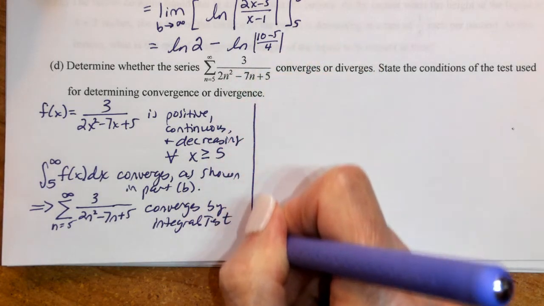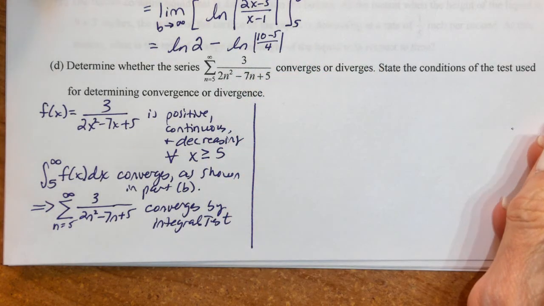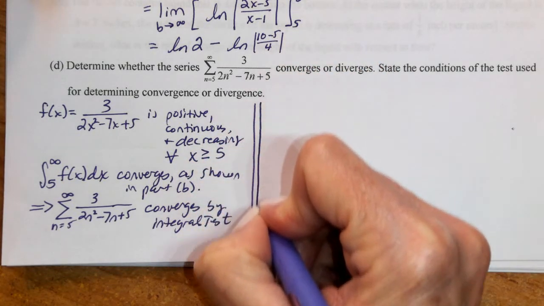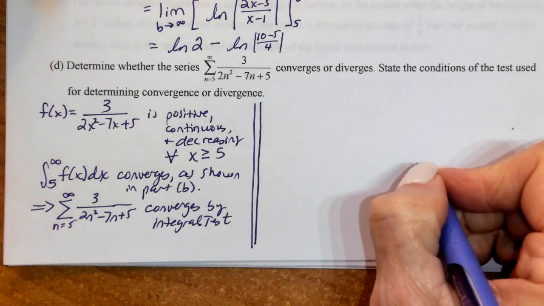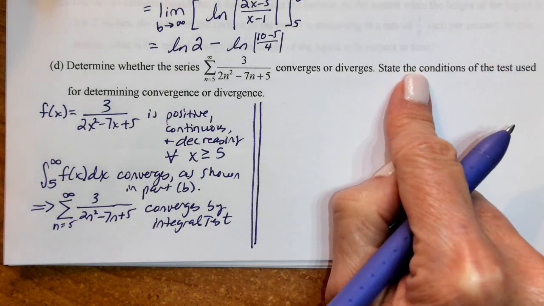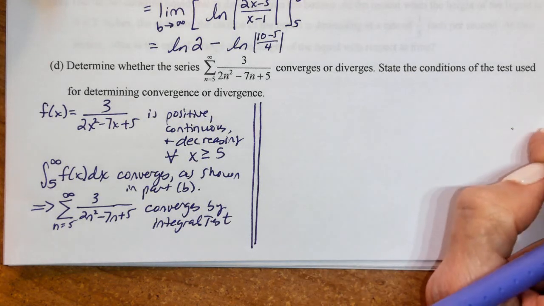The other way to do it would be, again, with the limit comparison test. Let me write what you would have to do if you chose to use it. First of all, the conditions for either of the comparison tests: remember that the terms have to all be positive.